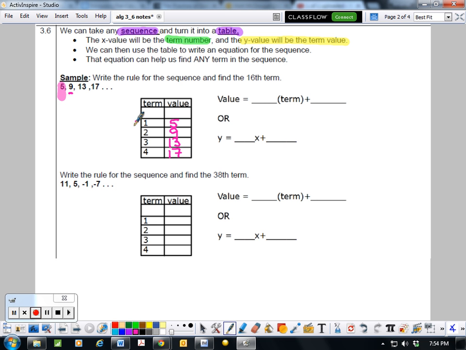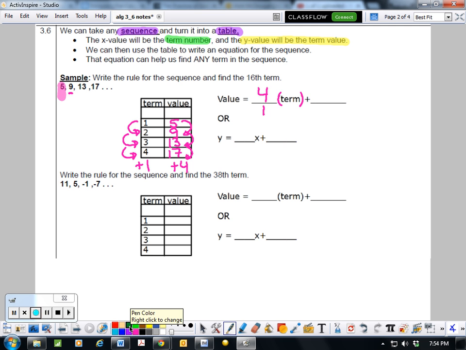So when I look at here, my x is changing by 1. My y's are changing by adding 4. So I'm looking at how my y's change over how my x's change, times the term number plus my original value.